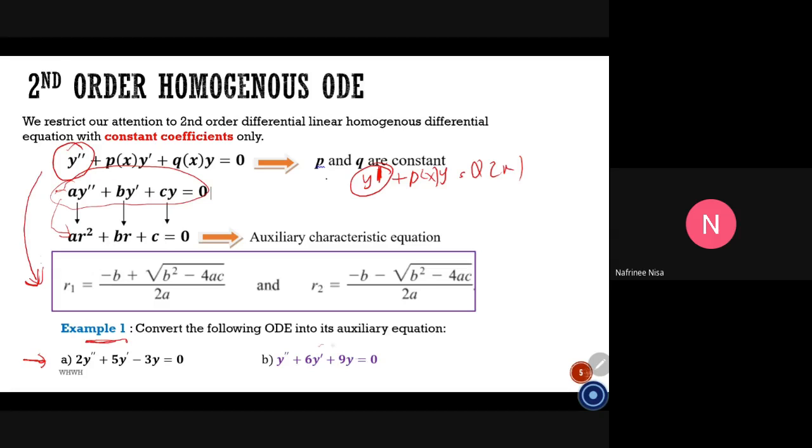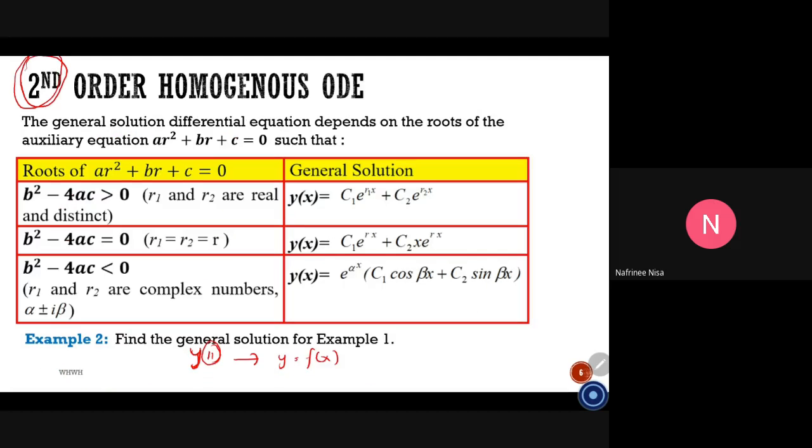We have converted the following equation ke dalam its auxiliary equation. Lepas tu daripada sini, we are able to identify three types of solution, by solving the roots for the auxiliary equation tu. Kita find out what is our R.